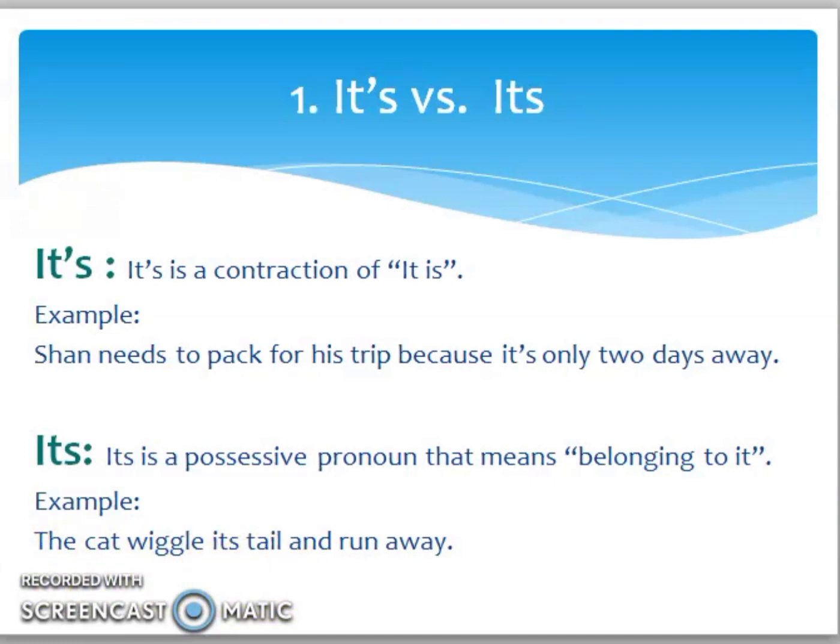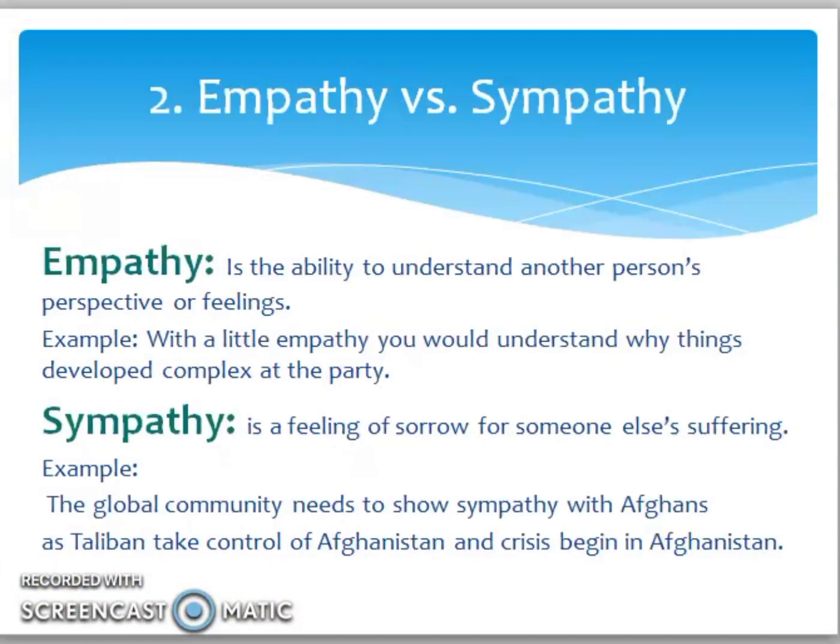Let's move to the next word. Empathy versus sympathy. Technically, they are different from each other in terms of meaning. Some students might say that there seems to be no difference, but indeed there is a difference.